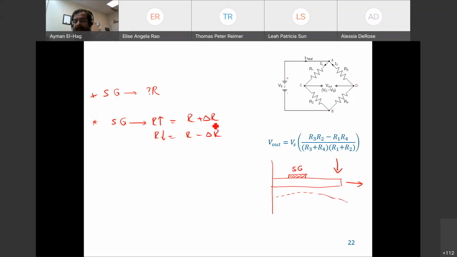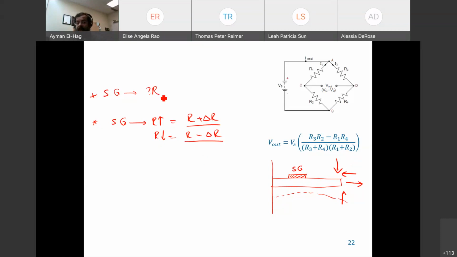So it will be R plus delta R. If the force is applied the other way around, a compression force or upward force, the SG will be compressed, so it will be R minus delta R. So this is all you need to know.